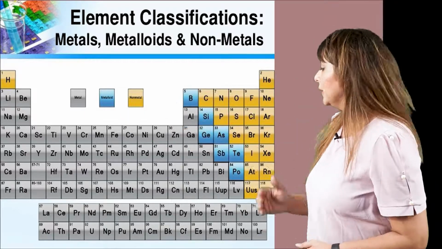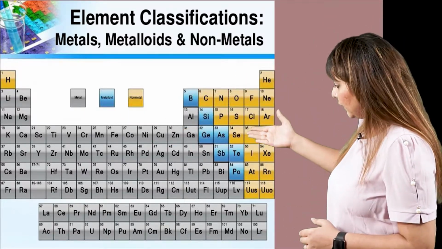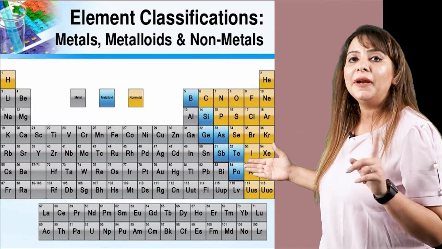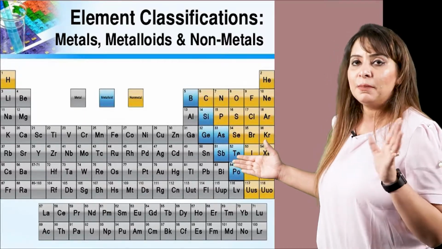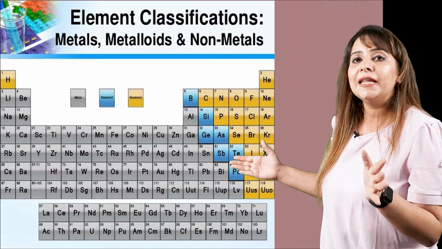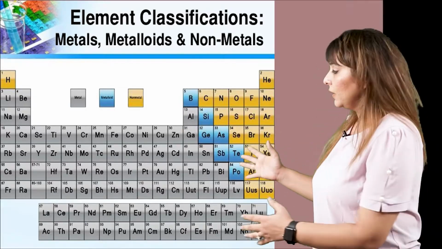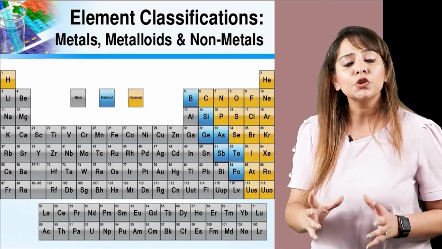So these are metals, these are non-metals. In between we have certain marked elements. They are metalloids. Now what are metalloids? Metalloids are the elements which resemble metals as well as non-metals in their properties. In the middle there are a few metals placed, and they are called transition metals.